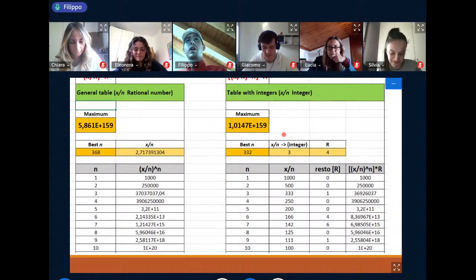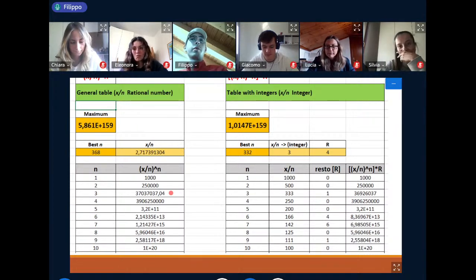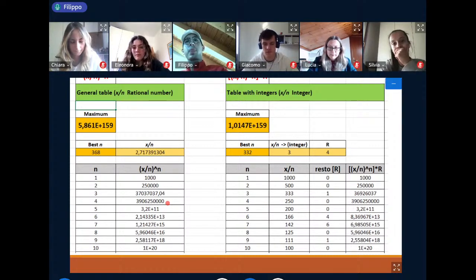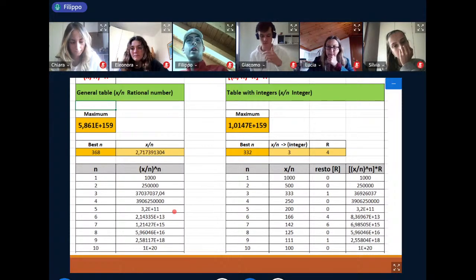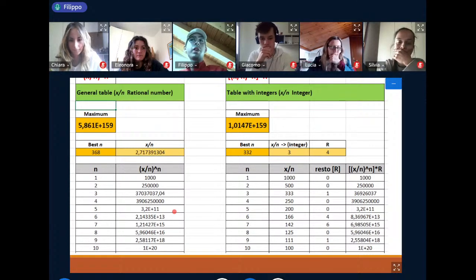For this reason, you can see in the table on the left, we have calculated the maximum of our function, even accepting rational x over n values. What we have discovered is amazing. The maximum value is obtained when the ratio x over n is the number of Neper, or e.